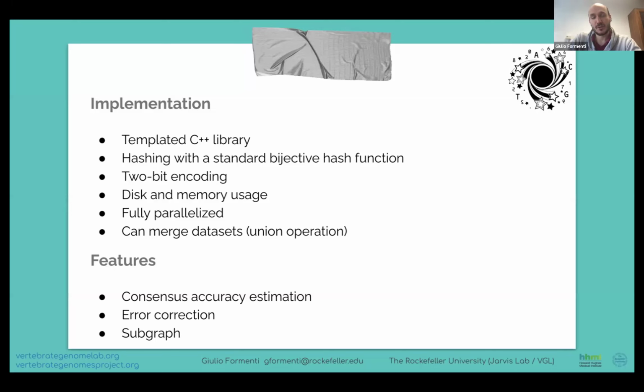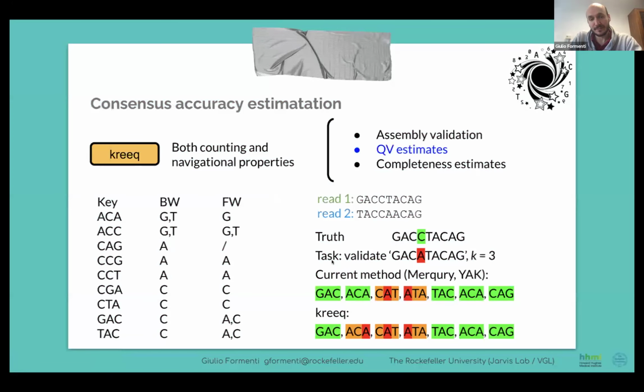We use hashing and 2-bit encoding, and disk and memory usage are kept to a minimum. It's fully parallelized, because working with k-mers typically makes everything a bit more expensive computationally. The goal we have is to do consensus accuracy estimation, error correction, and subgraphing of the graph.